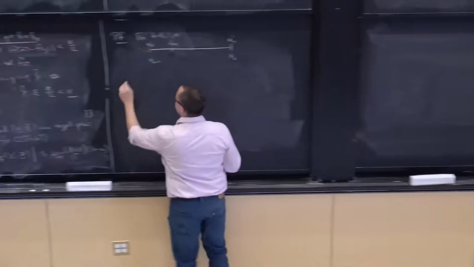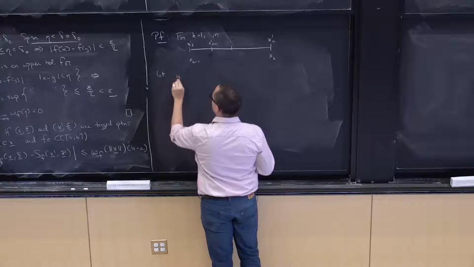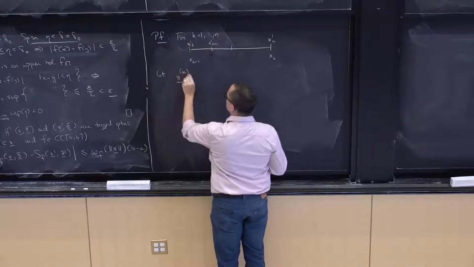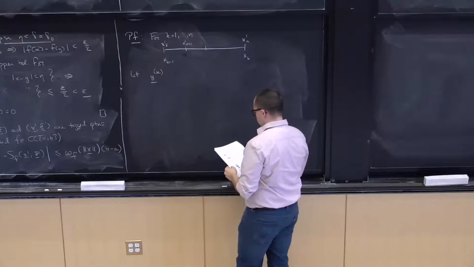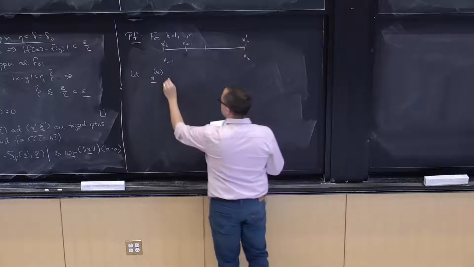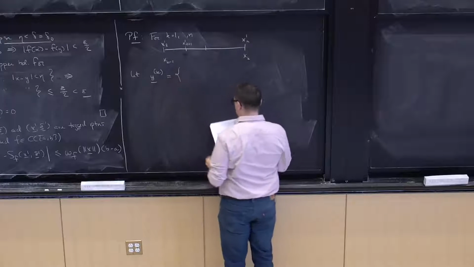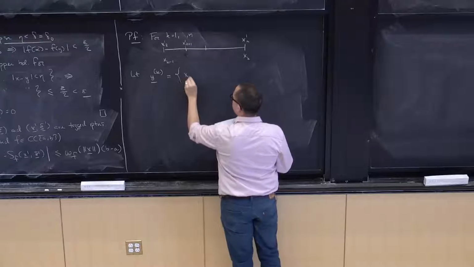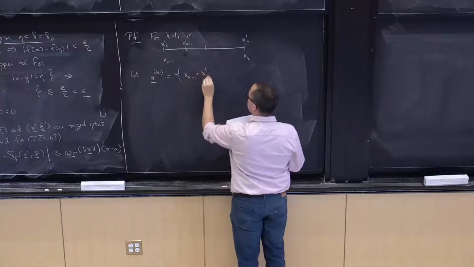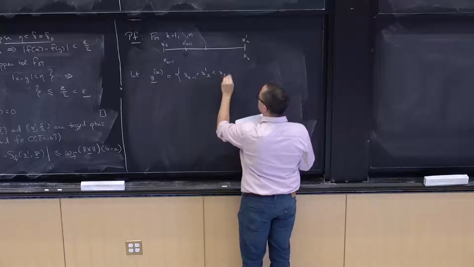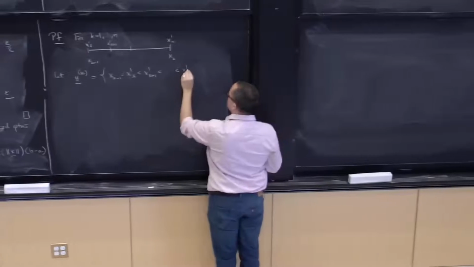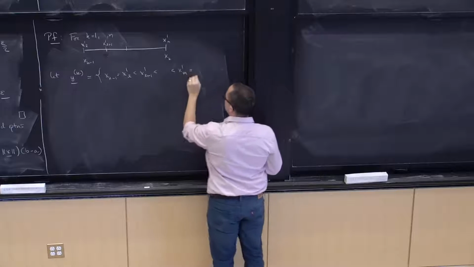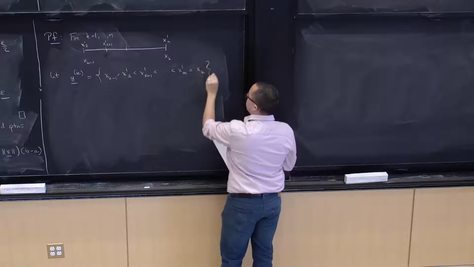So I let y with a k upper, this is equal to the partition x sub k minus 1 equals x prime sub l plus 1, up until I get to some partition point x sub m, which equals x sub k.